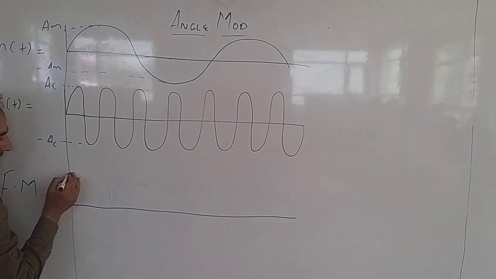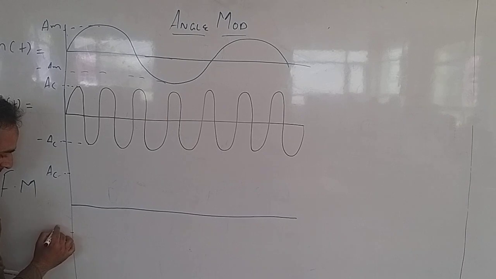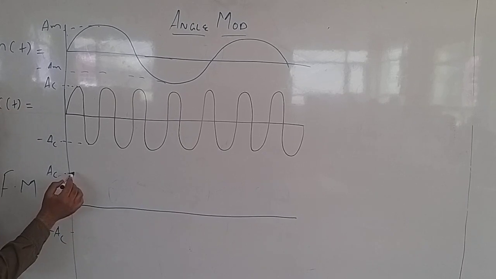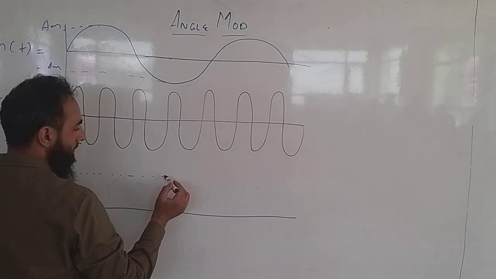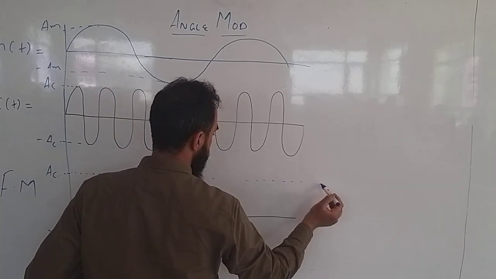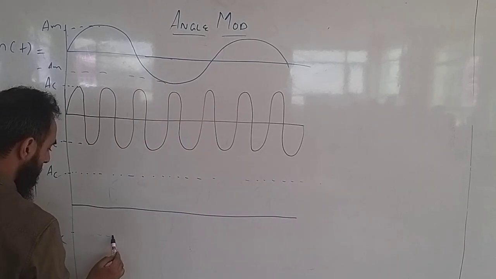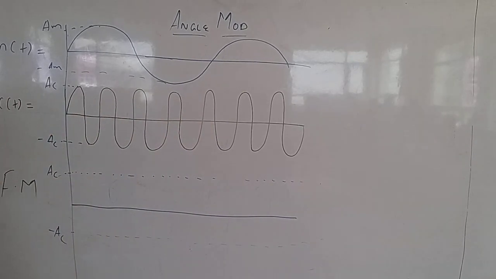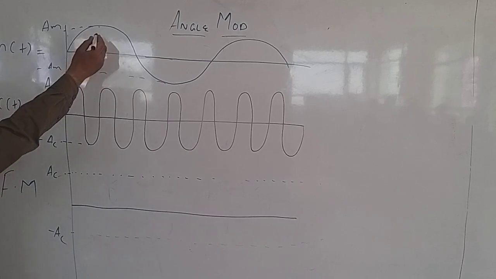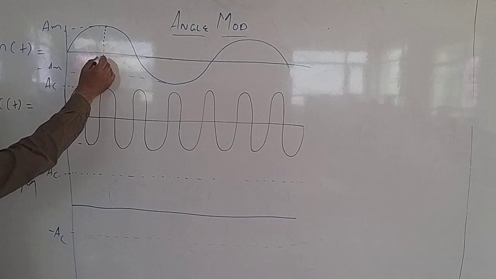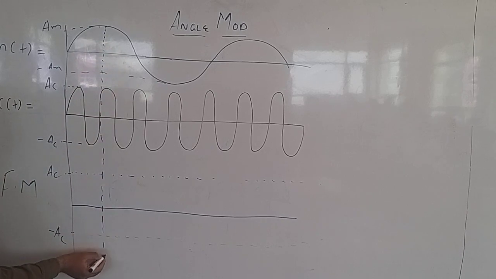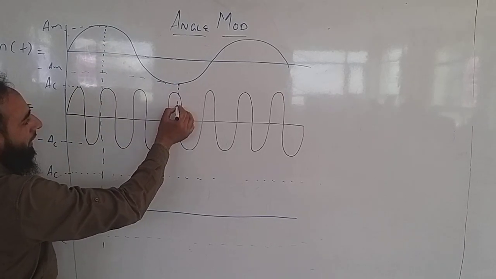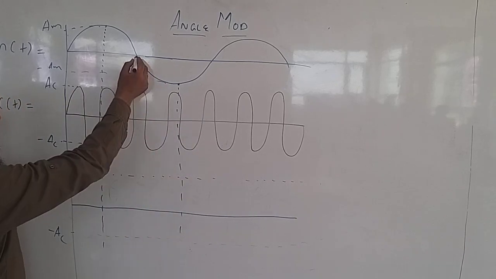Your modulated signal will have the same amplitude as that of A C. But the only difference that would be, eyes on board, एक मिनट के लिए ये वाला पीक है इसको आप extrapolate करेंगे यहाँ पे, इस वाले पीक को भी extrapolate करेंगे यहाँ पे और इस पॉइंट को भी.